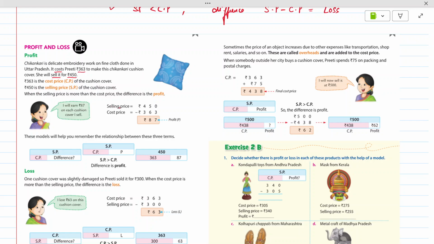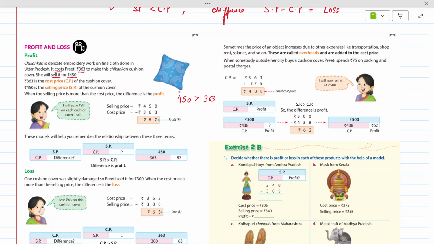Okay. And now when we have to see if we are making a profit or loss, we can see here that the selling price is rupees 450 and the cost price is 363. So clearly the selling price is greater. That means we are selling it at a higher price and we are making a profit. Okay.